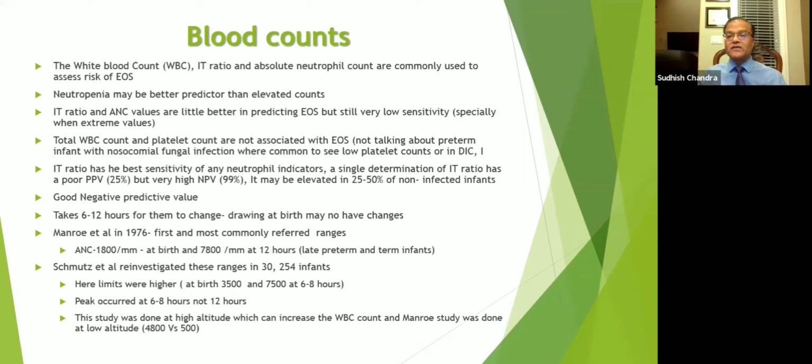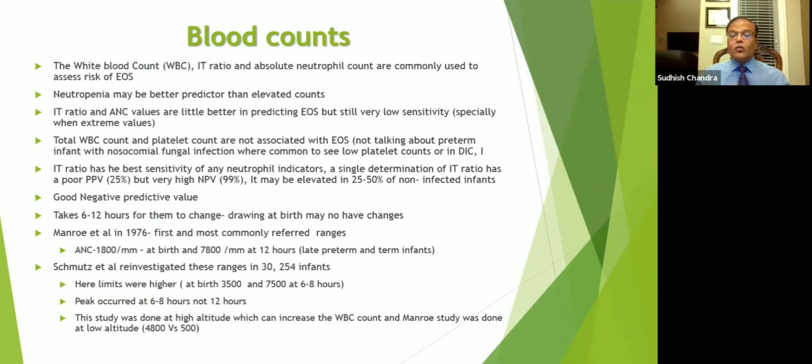So as I said, the positive predictive value is between 20 to 25%. That means you have more of the other reasons for the test being positive than not. However, it has a very high negative predictive value. Means if it is negative, then the chance of infection are less. That means 99% of the time, if there was no sepsis, the IT ratio was normal.